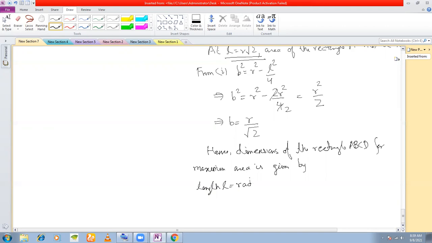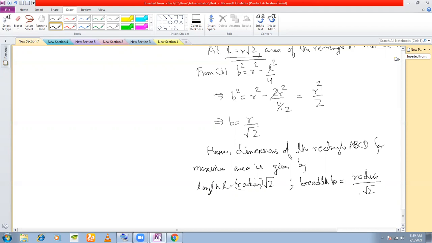That means root 2 times the radius, right? And what is breadth? Breadth B is equal to radius by root 2, right? So that is what this was.